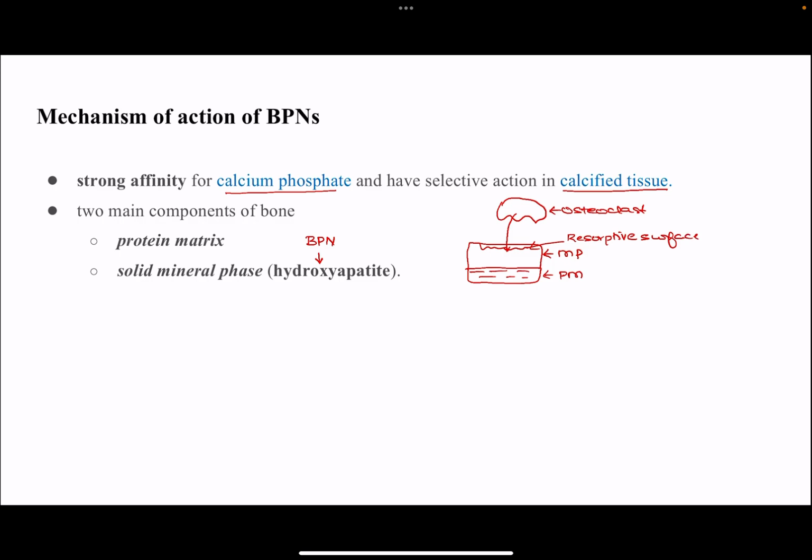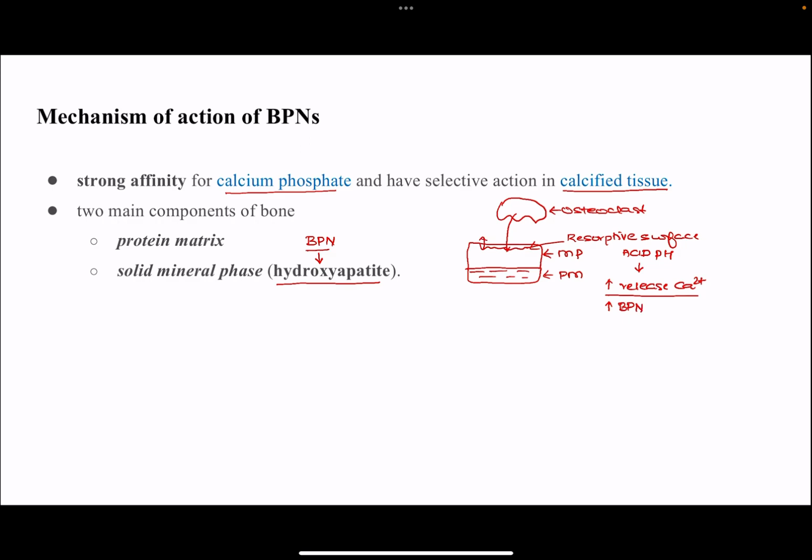whenever it binds to the resorptive surface, it creates an acidic pH or acidic medium, and this acidic medium will increase the release of calcium. Also remember that since bisphosphonates have high affinity towards the hydroxyapatite, along with the release of calcium there will be release of the bisphosphonates also.